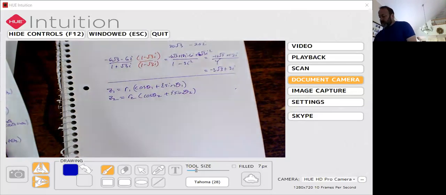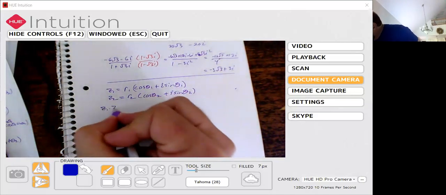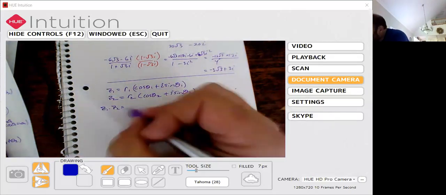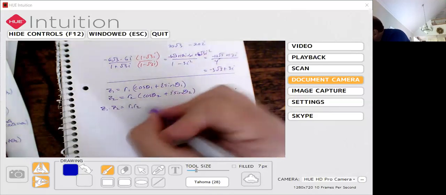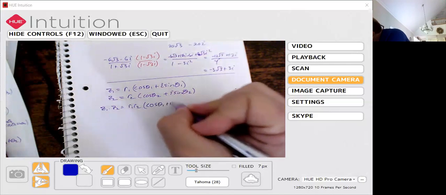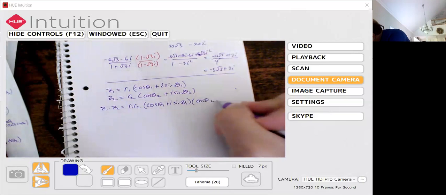And we want to multiply these two things together. What would happen if we do? Well, it's not gross, but we're going to take our step through it. So that would be R1 R2 times cosine theta 1 plus i sine theta 1 times cosine theta 2 plus i sine theta 2.